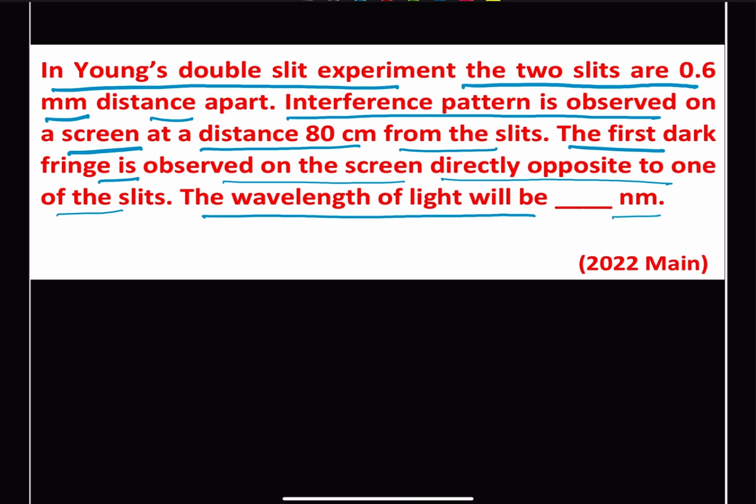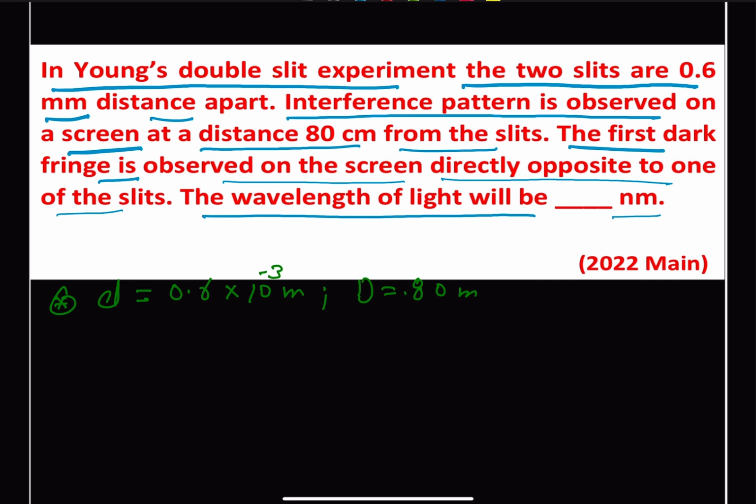So here the first dark fringe is directly opposite to one of the slits. So first of all, let's write what are the information given to us. So we are given that the distance between the slits, that is our small d, is given as 0.6 millimeter. We can write 0.6 into 10 to the power minus 3 meter, and capital D is also given to us, that is 80 centimeter. So we can write this as 0.8 meters.